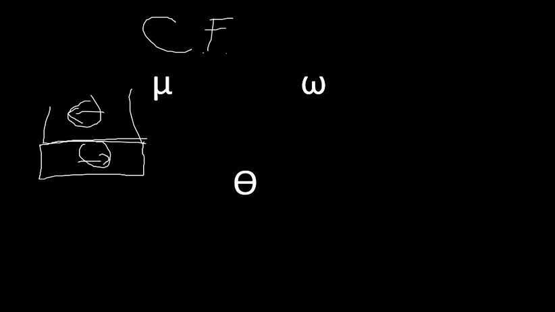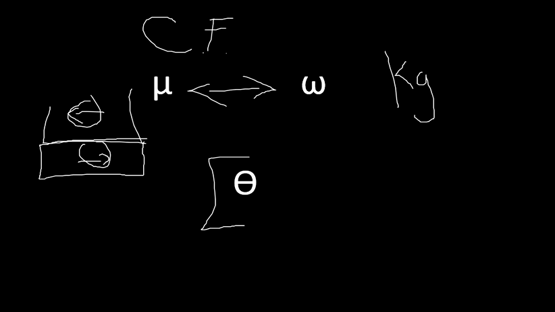But you can find a lot of tables on the internet that have this information for certain materials at certain specific points of those variables. And the weight, normal weight, expressed in kilograms, and what we care about is the angle. Why? Because the angle is our only variable. As you see, in this problem, mu is not gonna change, the weight is not gonna change, but the angle is our variable.